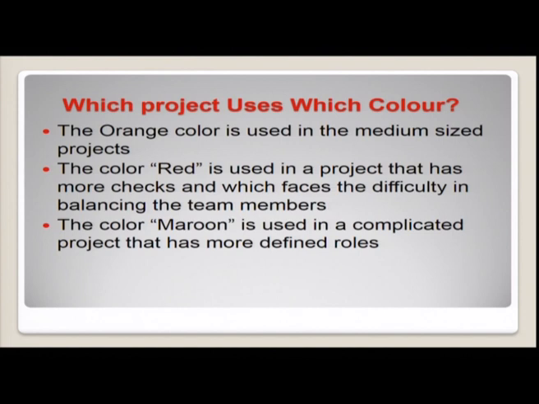And then this color maroon is used for a sort of complicated, mission critical project wherein the criticality ratio is pretty high, and this color maroon has many defined roles, unlike your traditional life cycle model.